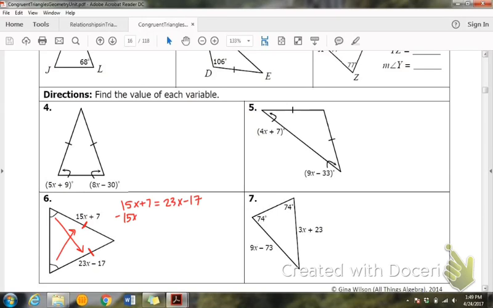If we move 15x over, it's going to give us 8x minus 17 plus 7, then we'll add 17 over. Oh, yeah, that will be a problem. I'm getting x to be 3. Okay, x is 3. All right, let's go on to number 8.